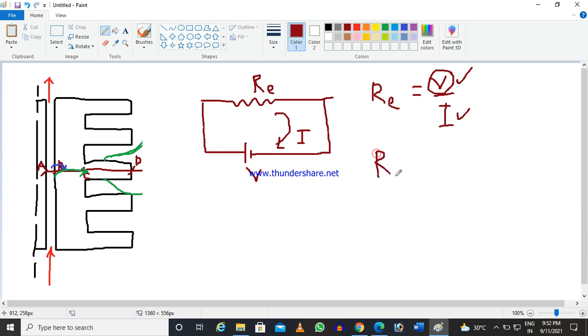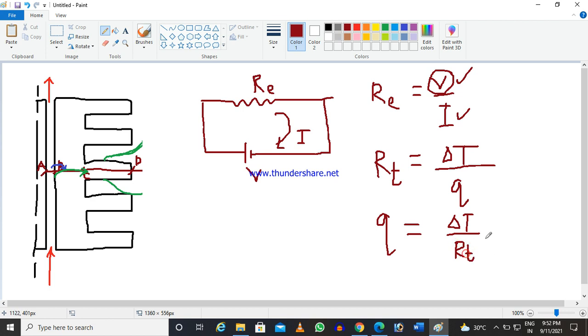So in a thermal circuit, if we try to equate it from this electrical circuit, the heat flow is caused by the temperature difference, and I is a flow of electrons, and here it is a heat flow, so that is Q. On the other hand, Q is equal to delta T by RT.